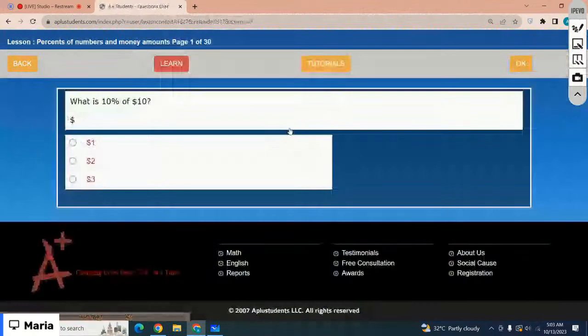What is 10% of 10? How do you calculate 10% of 10?